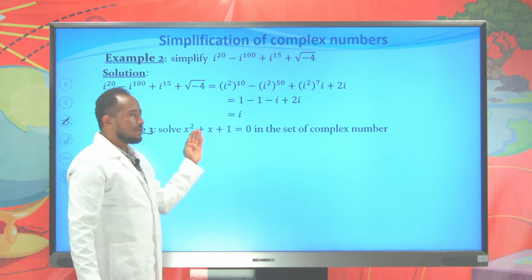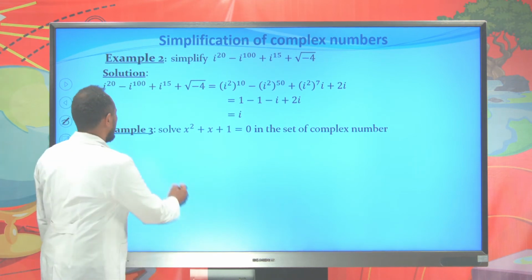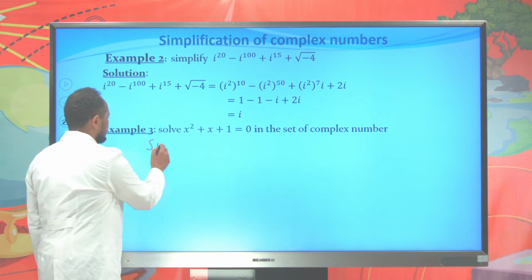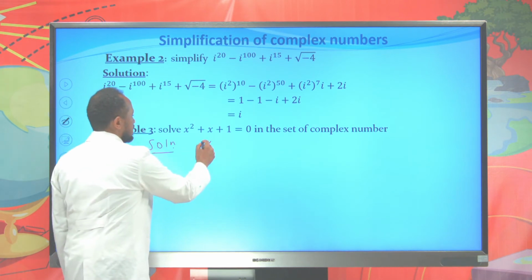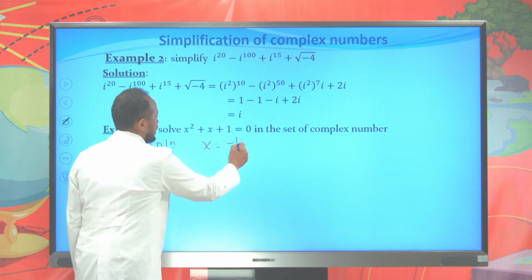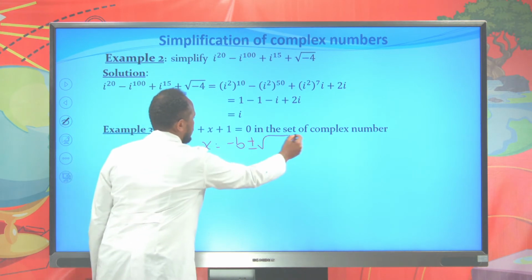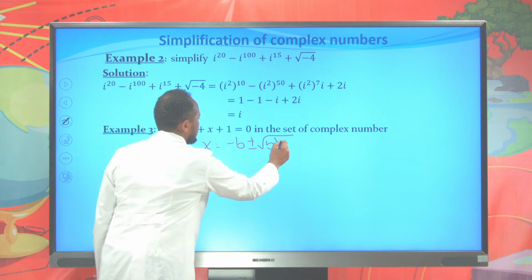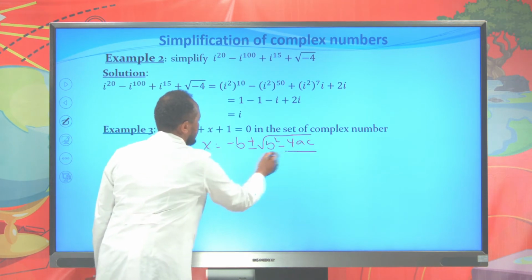We can apply the quadratic formula to solve this. So let's do it together. Solution. The quadratic formula, if you remember, x is equal to minus b plus or minus the square root of b squared minus 4ac over 2a.